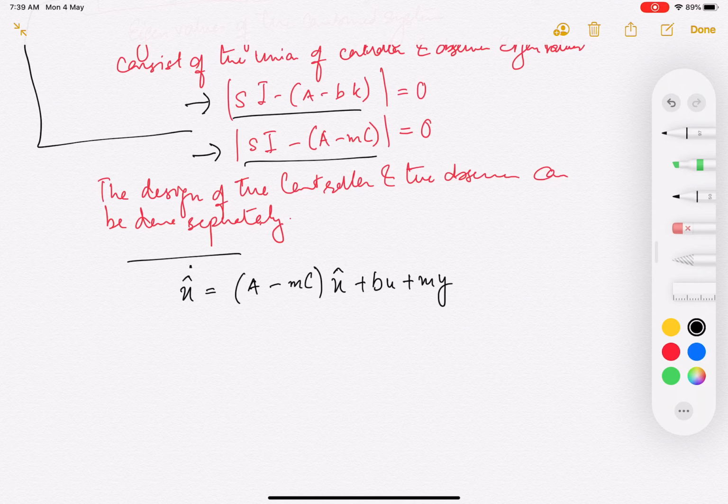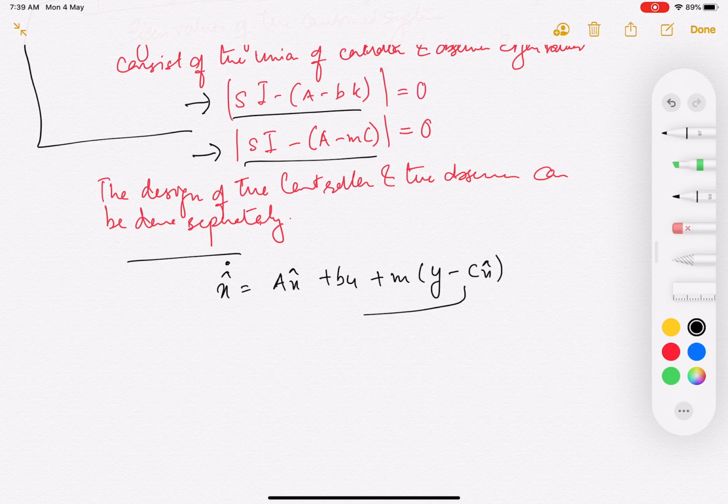Okay, let me write it again. So your actual equation for the observer, if you see from what you have written, is x hat dot is equal to A x hat plus Bu plus M (y minus C x hat).